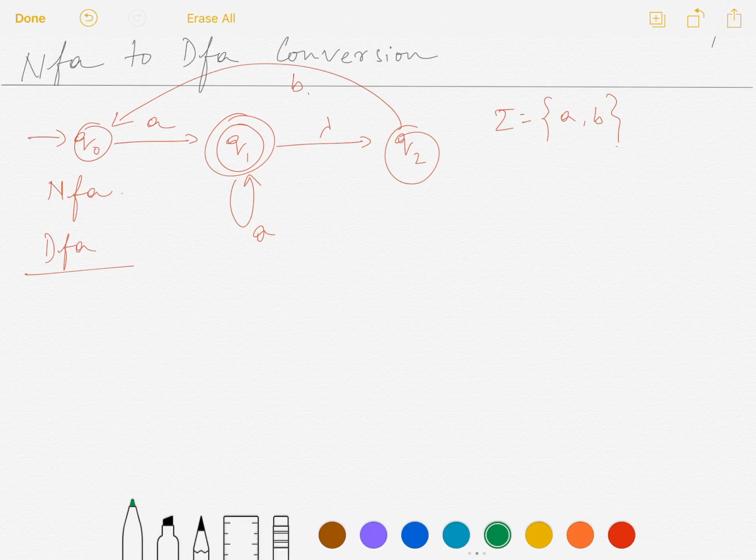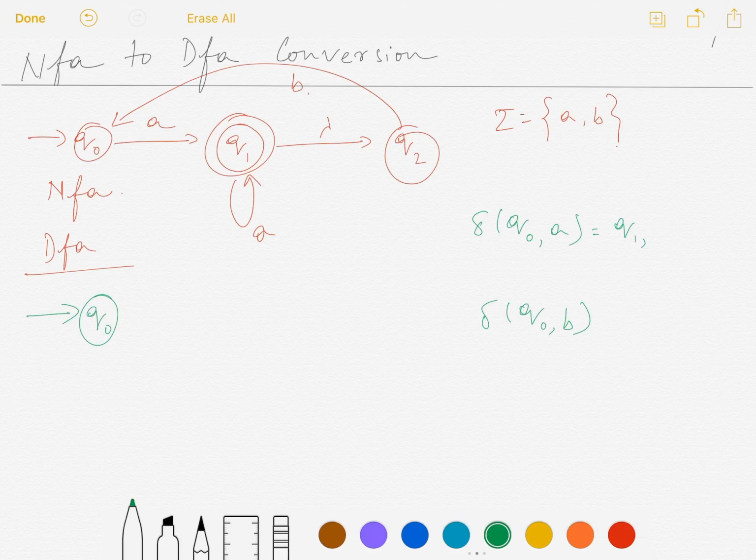Before converting it, let me tell you that in the DFA, Q0 will be the initial state, as it is in the NFA. Now, we have to check what will happen if I give A to Q0 and B to Q0. If I give A to Q0 directly, it is going to Q1.